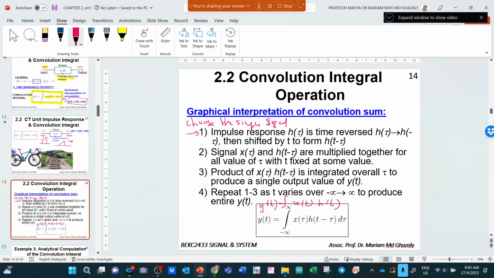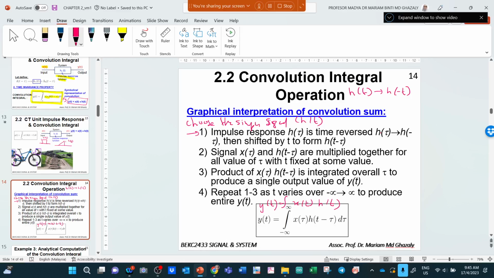Okay. After that, choosing that, then the first step is that, for example, I choose ht because that will be the simple signal lah. Example in this case. So ht is time reverse. Ini kita kena ingat balik konsep chapter 1. Okay. Reverse ht maksud dia apa? ht you jadilah h minus t kan. So you flip it lah. Basically flip it. Okay, the ht value flip.